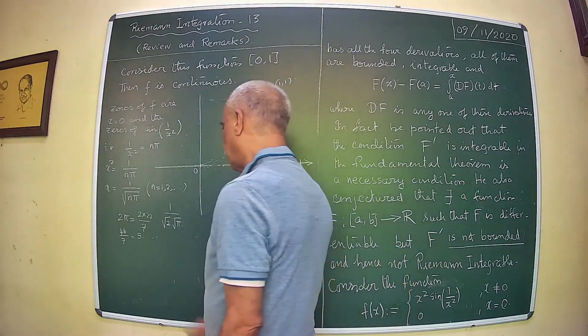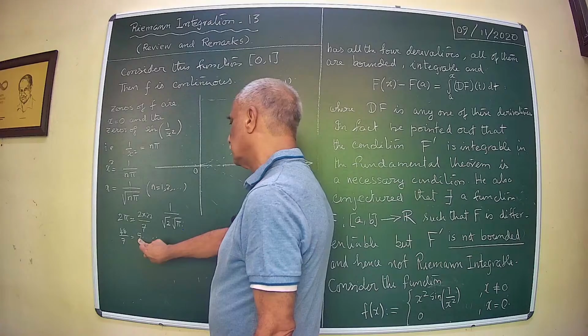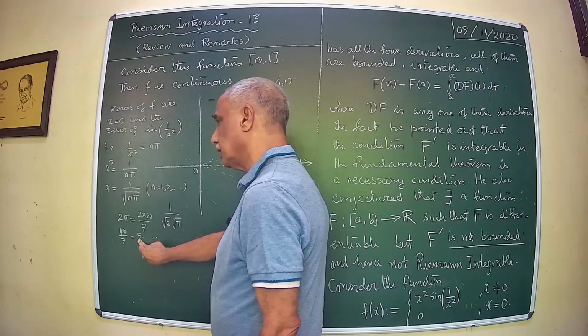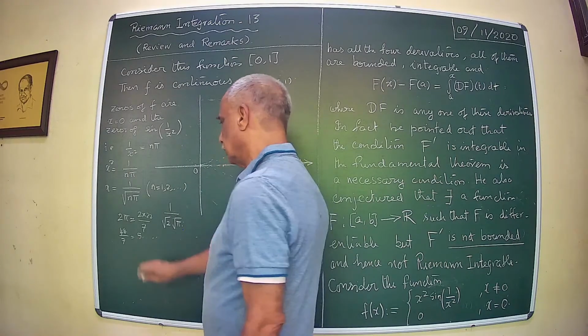So square root of 5 point something is going to be 2 point something.